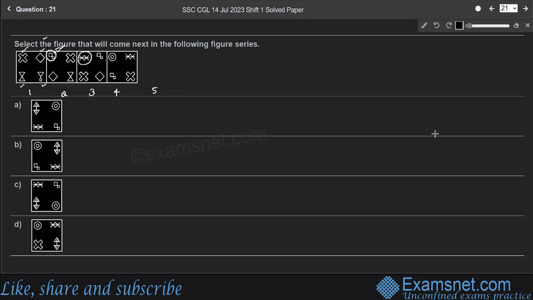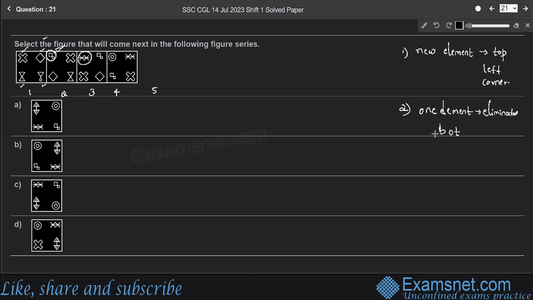Here the first rule is a new element is inserted at the top left corner. In each step, a new element is inserted. That means one element is eliminated, right? So one element is eliminated, which is in the bottom right corner.